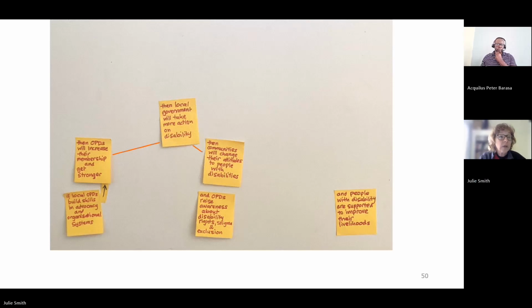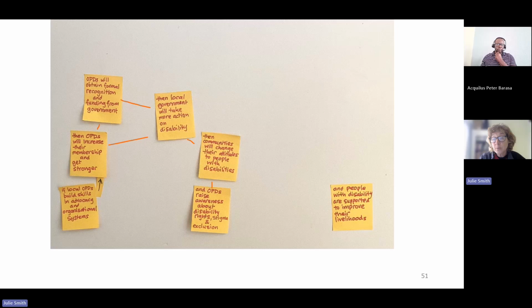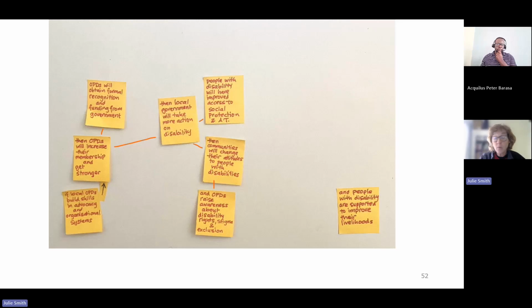And then if the local government take more action on disabilities, then they might give the OPD more formal recognition and they might get some funding, particularly if the OPD has a strong membership. So you see how you're developing up this kind of pathway. And then if the OPD gets stronger, then we can assume that they can get the local government to help people more to get access to social protection, pensions, and to assistive technology and devices.